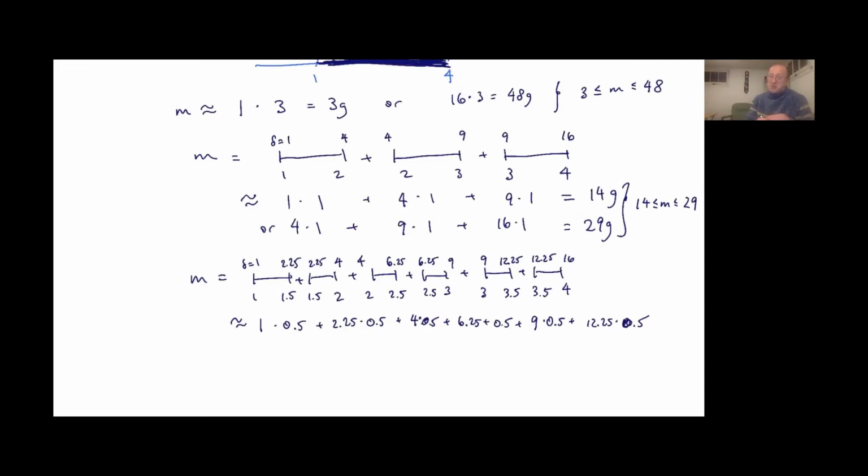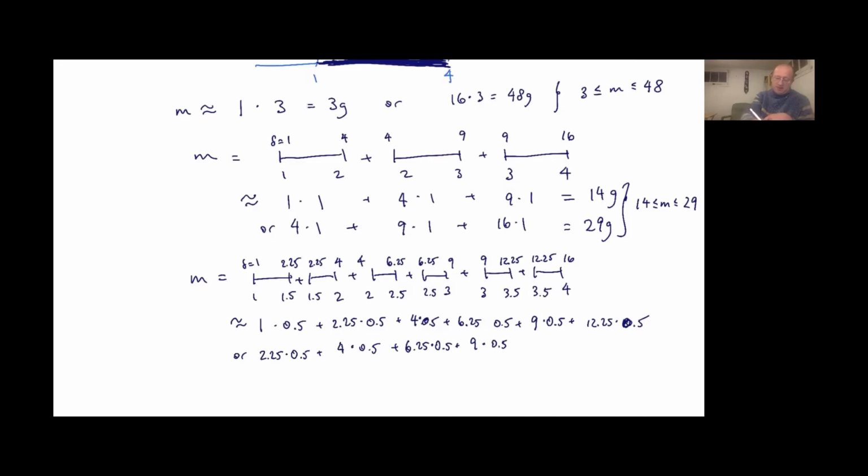Maybe that's too low. Some of these points have higher density, so maybe I should go on the high end. 2.25 times 0.5. The next segment has density up to 4. 4 times 0.5. And, well, you get the idea. We're going to have 6.25 times 0.5, 9 times 0.5.